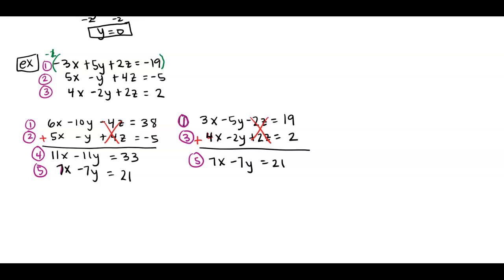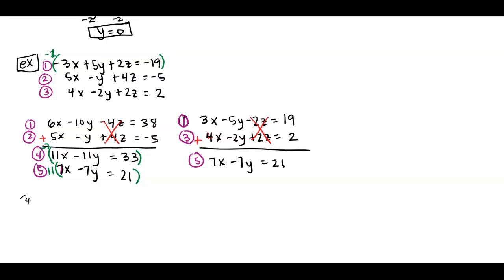Now I'm going to multiply my top equation by -7 and my bottom equation by 11. Notice how I'm just multiplying it by, like, 11 was on the top here, so I'm multiplying that by the bottom one. 7 was on the bottom, so I'm multiplying by the -7 on the top because I need these to eliminate out. So when I do that, let me multiply across the top.